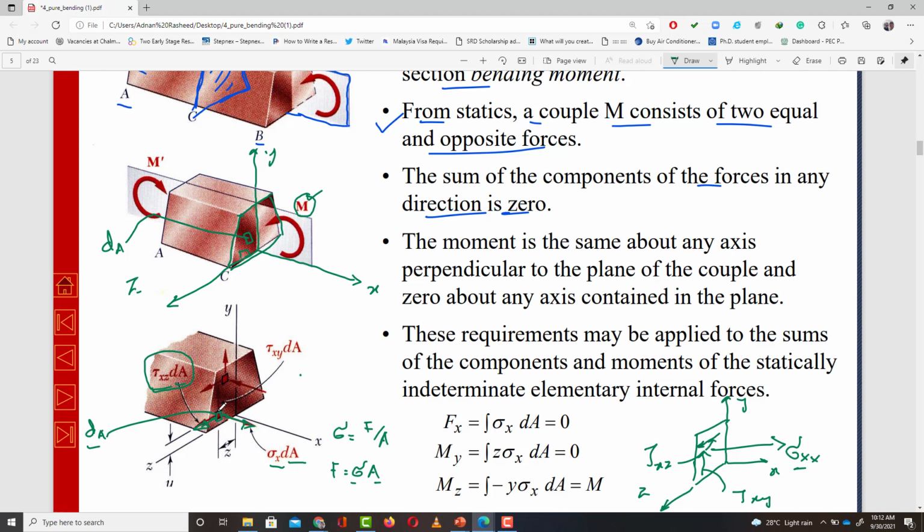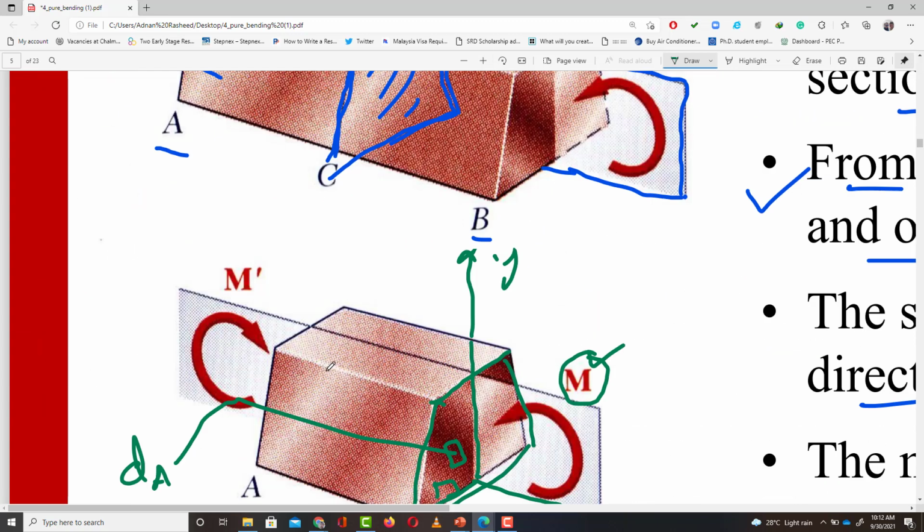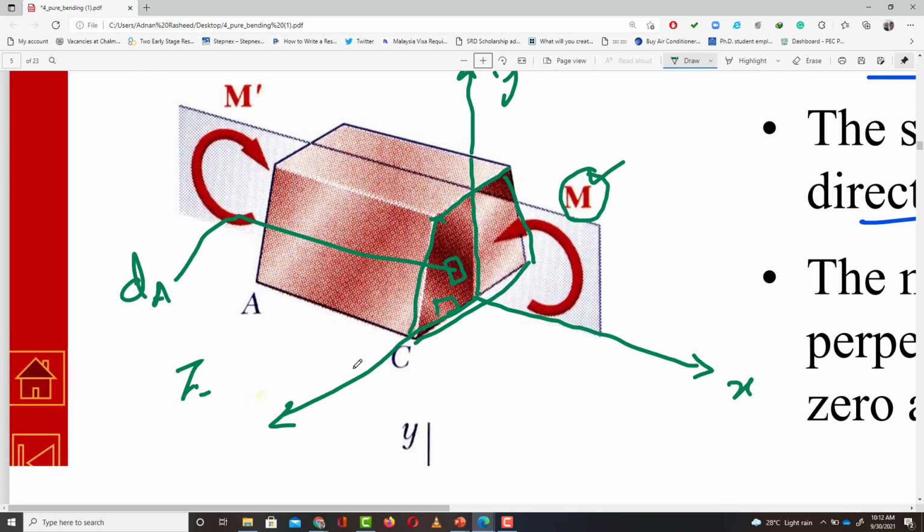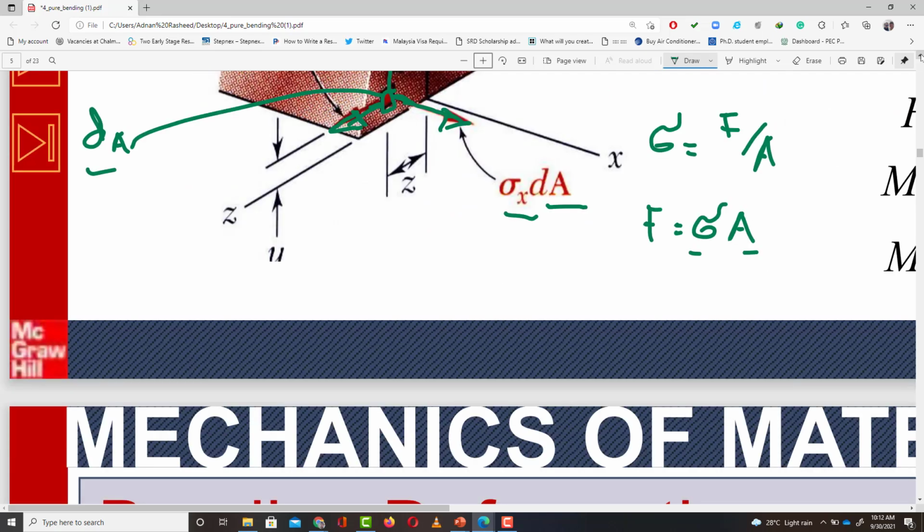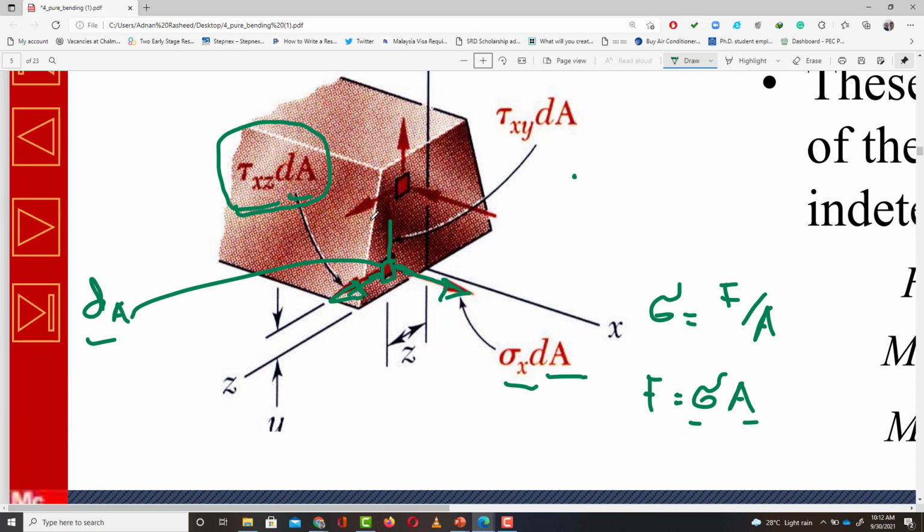Similarly, on this differential area, there is also a shear force. I will zoom in so that you can easily understand. So you can see this is the shear force that is acting. This is x, this is z, and this is y.